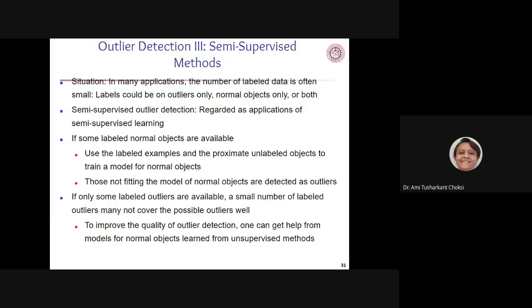Those not fitting the model of normal objects are detected as outliers. If only some labeled outliers are available, a small number of labeled outliers may not cover the possible outliers well. To improve the quality of outlier detection, one can get help from models for normal objects learned from unsupervised methods.